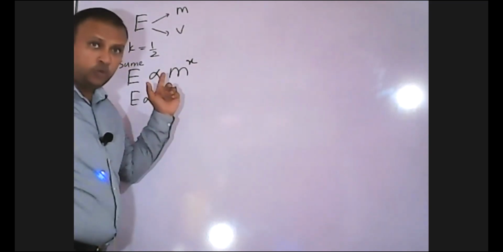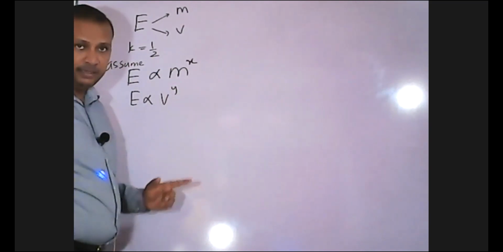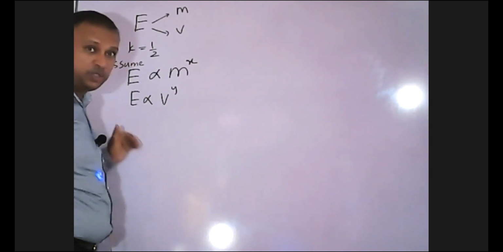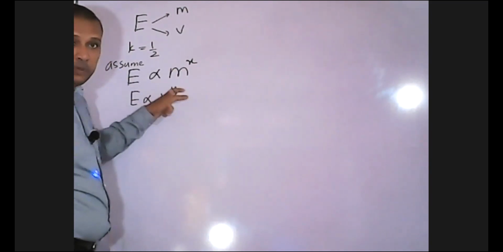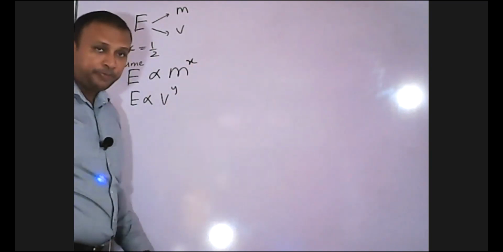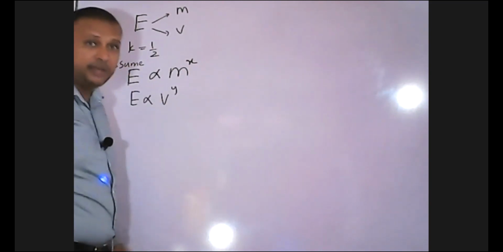Write this one as assumption. Okay, don't write without this word. This is because this is an assumption. So my assumption is, I assume E is directly proportional to some power of M, E is directly proportional to some power of V. So if you have not written this word, please write this one.